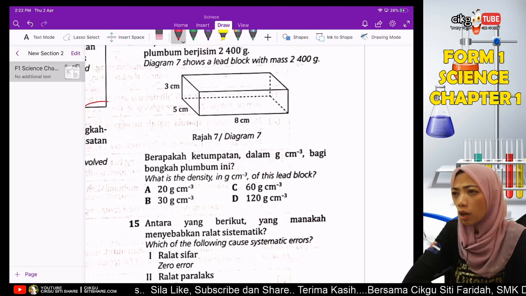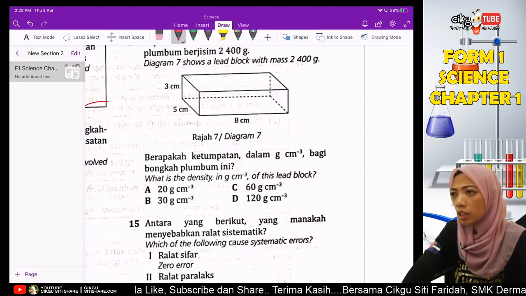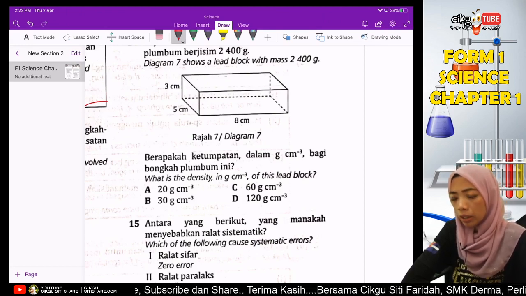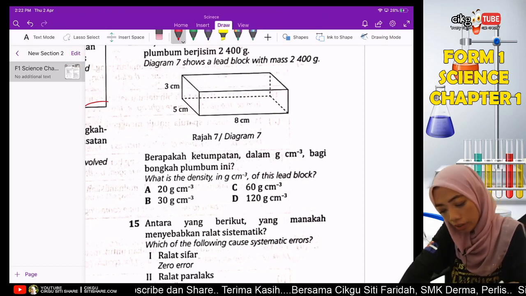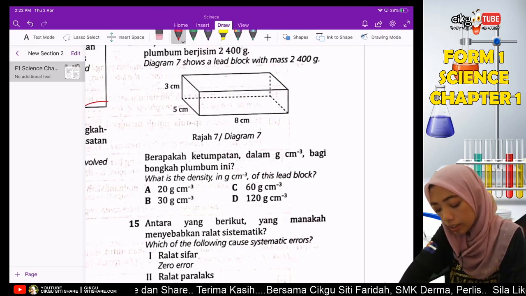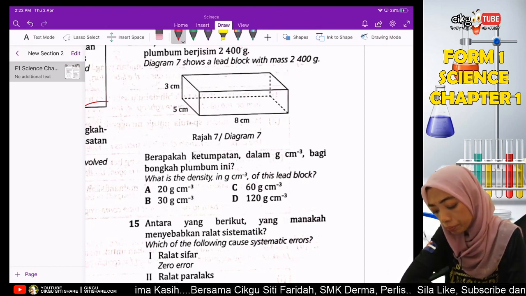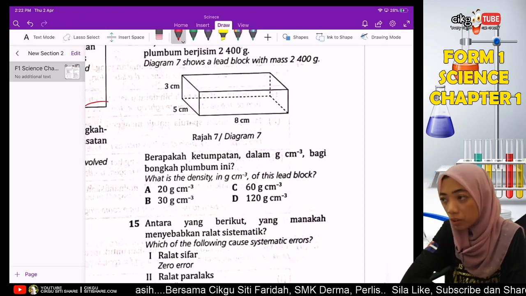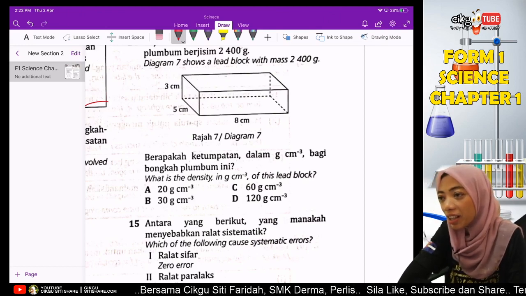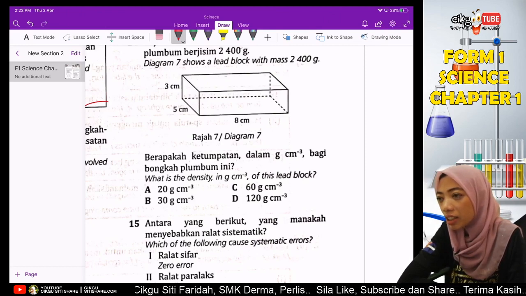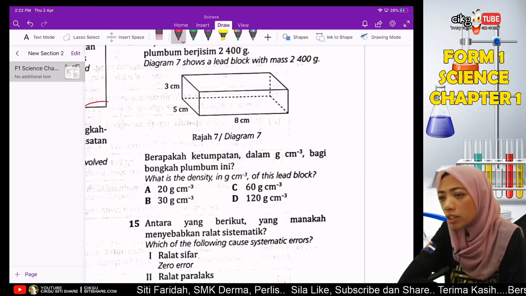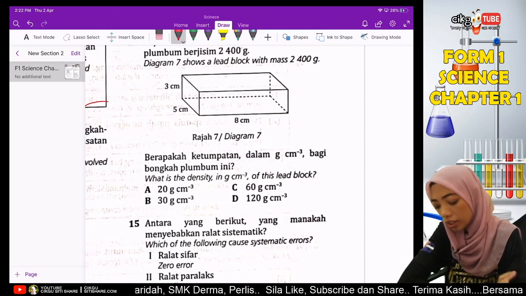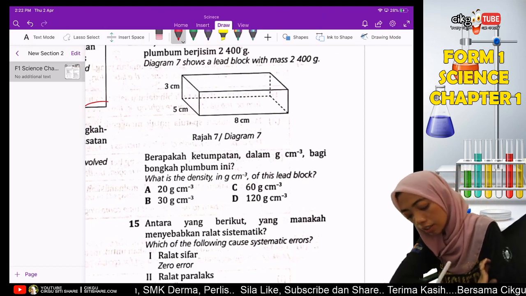What is the density in gram per cm cube of this lead block? So density, let's recall the formula of density.